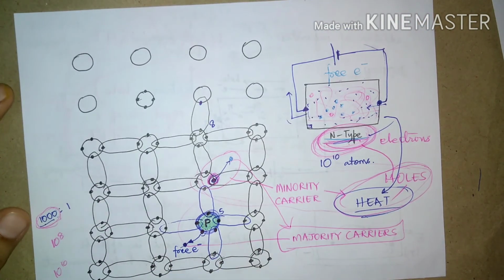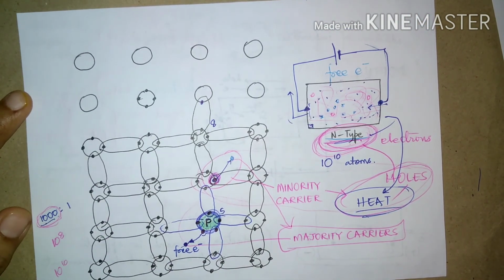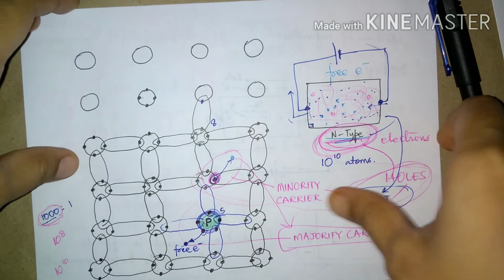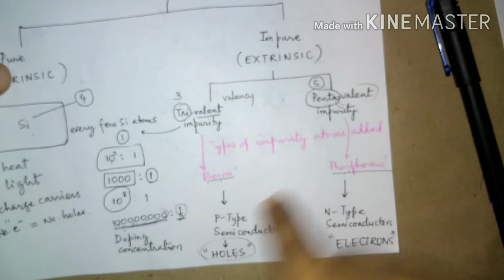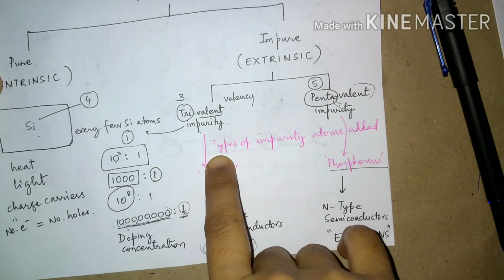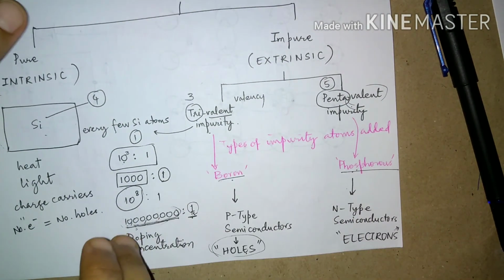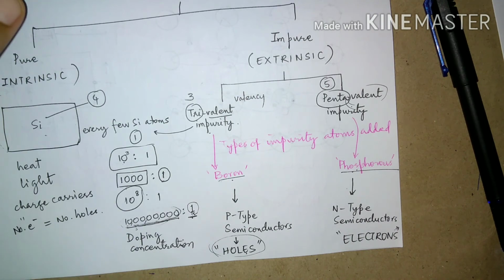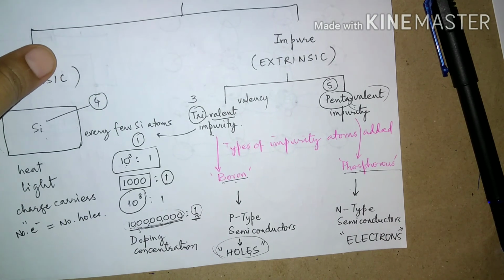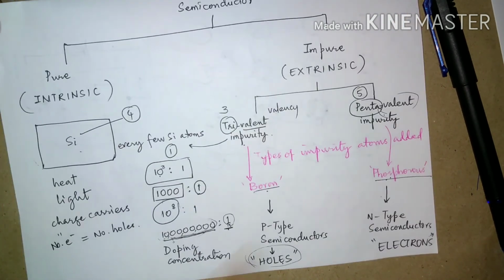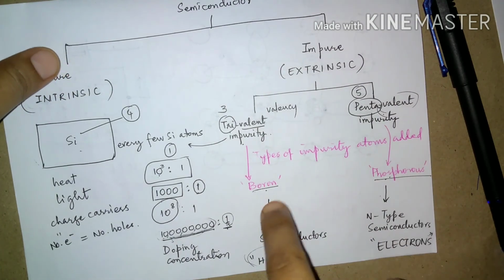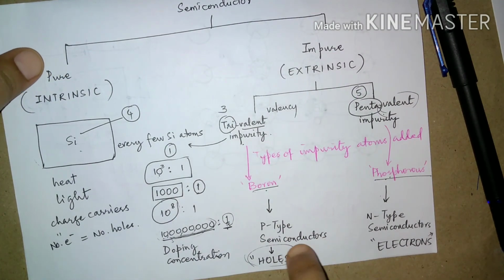So now I think we can conclude this class with one assignment. I want you to find out what are the types of impurities added, like gallium, indium, arsenic, different types of elements that are added as dopants.